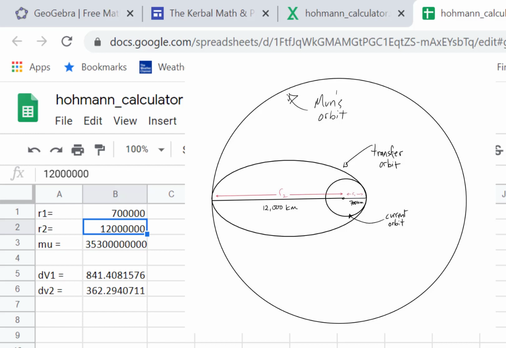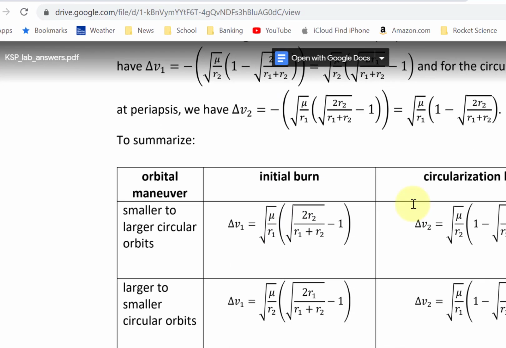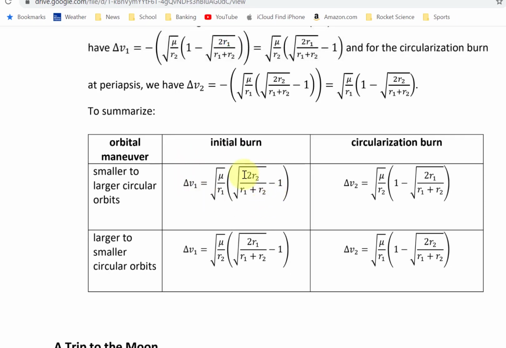And so that's the radius of the Mun. This is the gravitational parameter of Kerbin, and this calculation comes from exactly this formula right here for the initial burn to initiate that translunar injection. That's the initial burn that starts us on the transfer orbit.